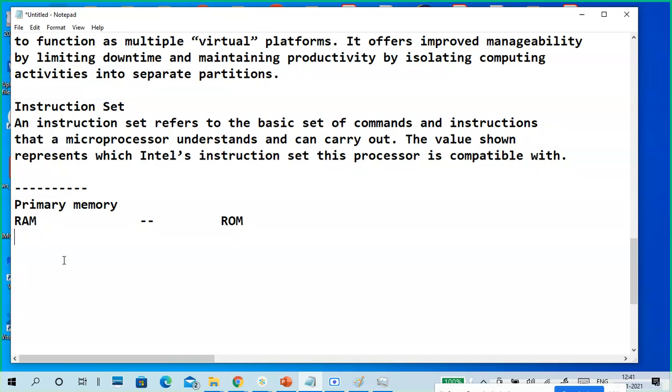Okay, so what is a secondary memory? If something is a primary memory, it means there is a secondary memory also, right? So what is a secondary memory? Anybody? Very good. Hard disk, your USB pen drives.